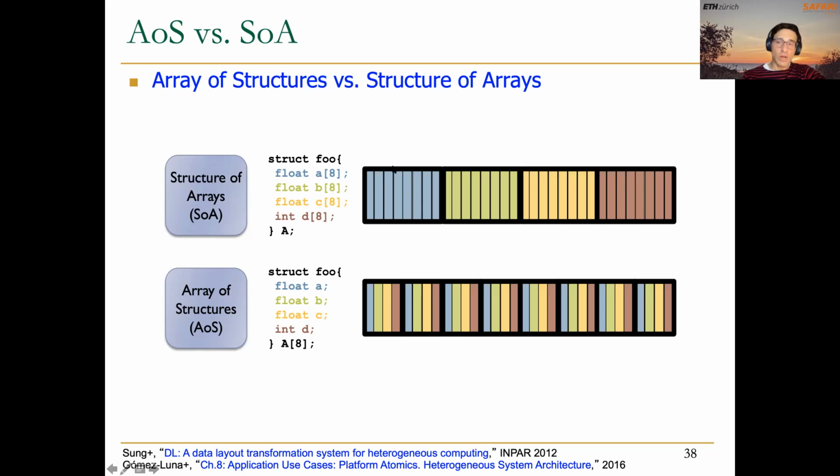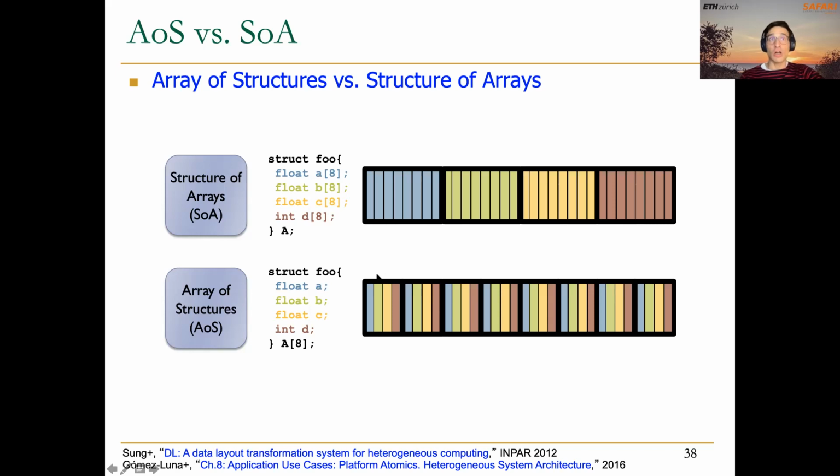Now, if these threads 0 to 2 belong to the same warp, notice that they are accessing 3 consecutive memory locations. And these consecutive memory locations will likely belong to the same DRAM bars, so we can achieve maximum bandwidth when accessing this structure of arrays.